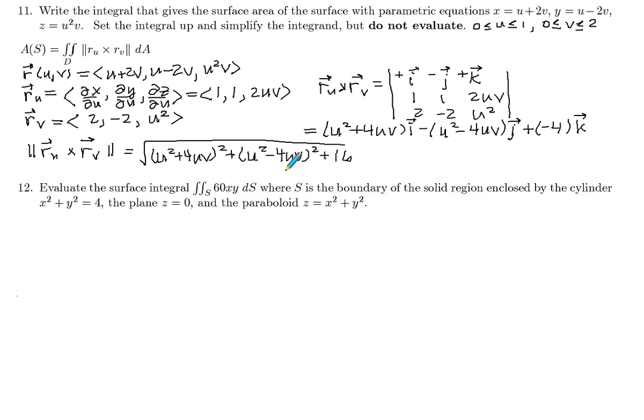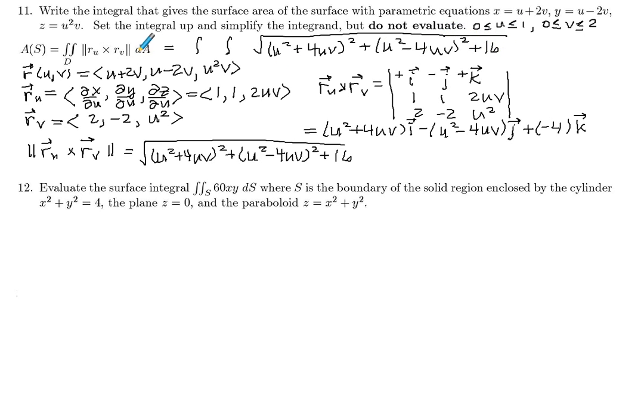Okay, so this is what we're integrating. So we're going to do the integral of the square root of u squared plus 4uv, quantity squared, plus u squared minus 4uv, quantity squared, plus 16.